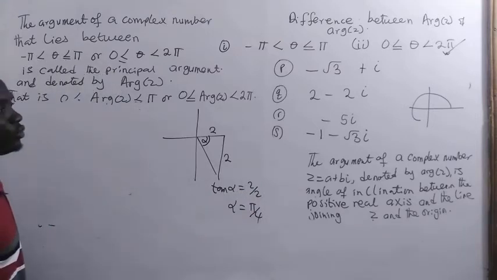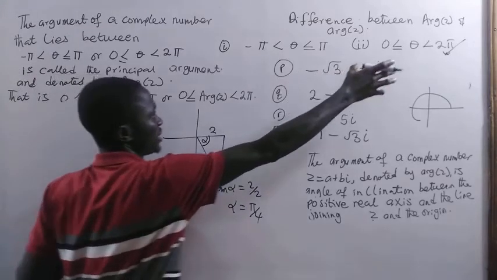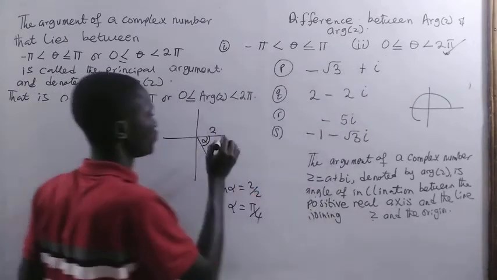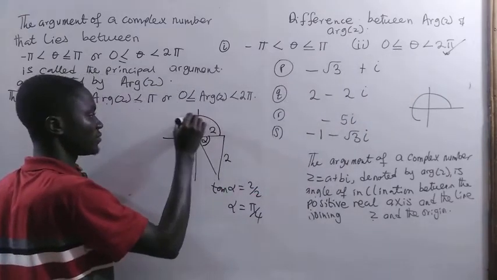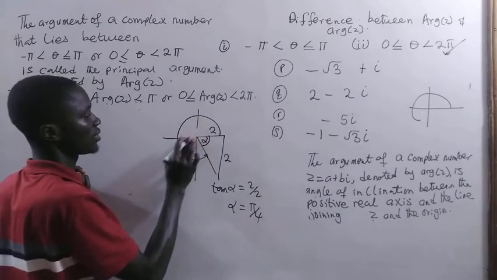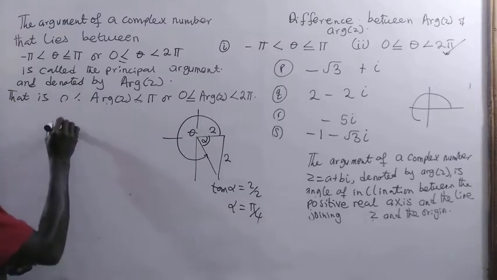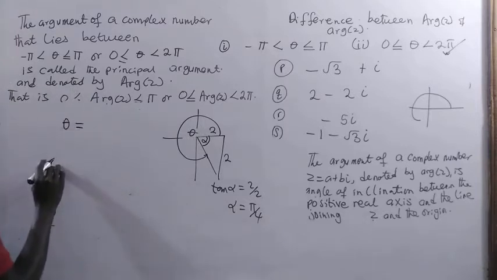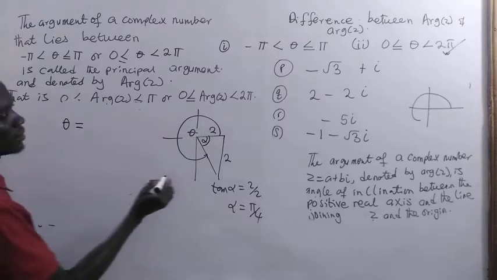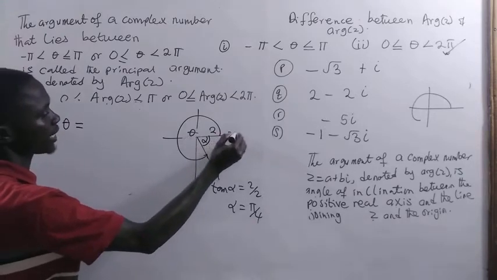Now, how do we take the argument? Before we find the argument, if we are using this, we have to measure from the positive axis to this line. That will give our theta. So here, if we add alpha to theta, you will come and land on 2 pi.